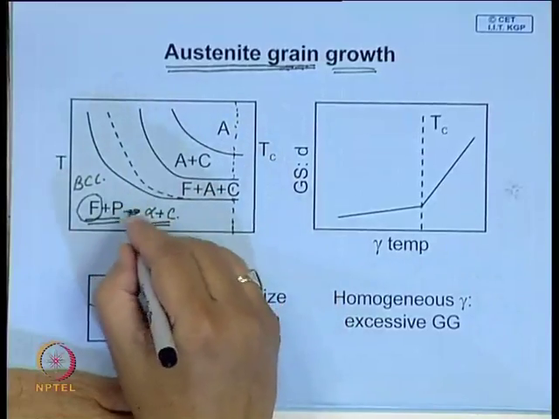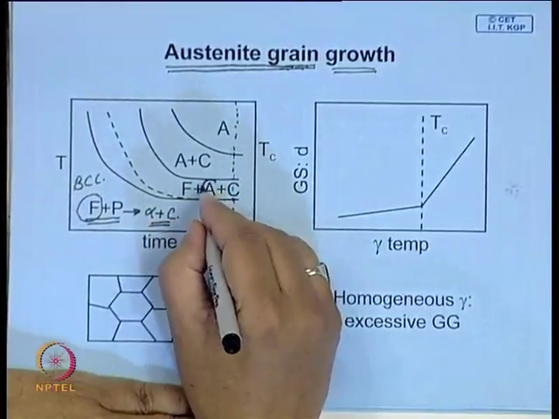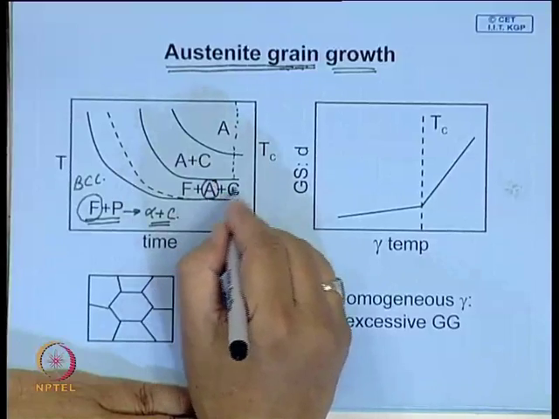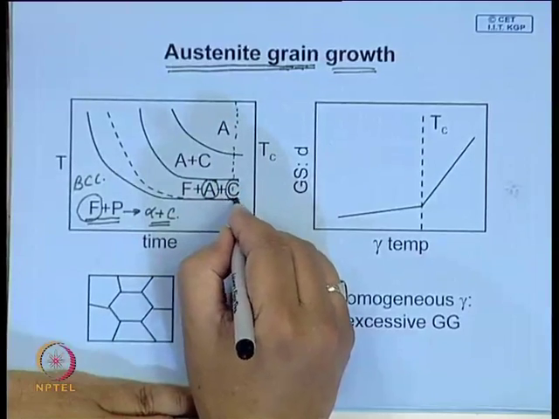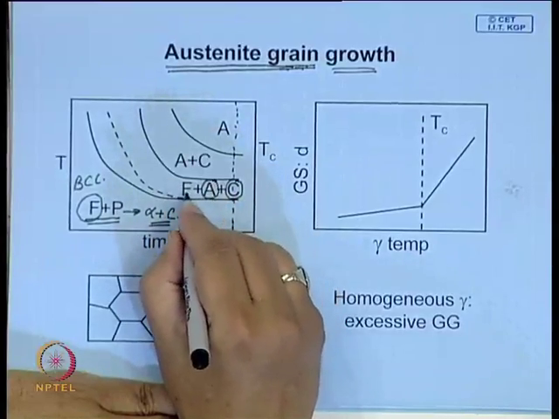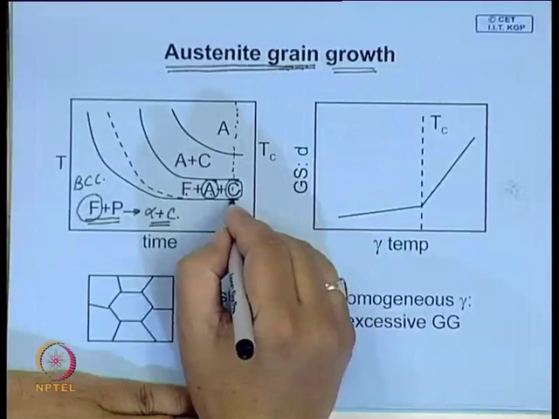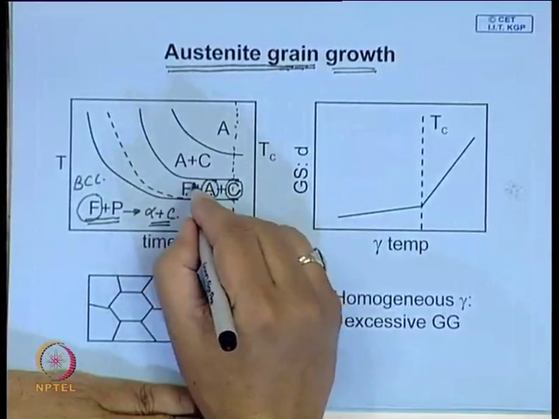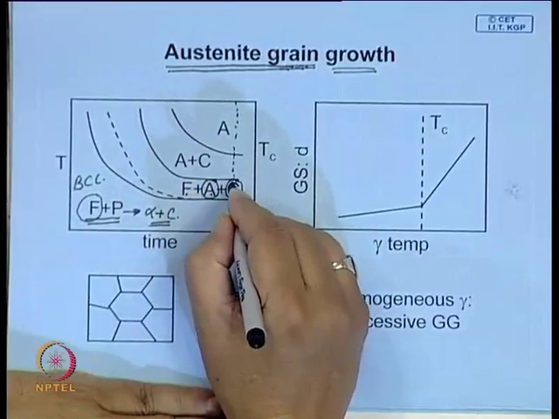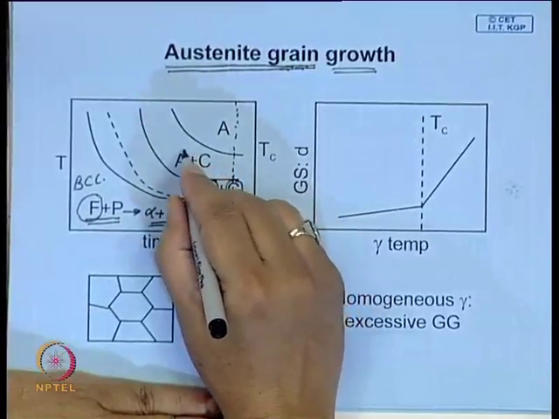this pearlite disappears, it forms austenite in the pearlitic region, but some carbide may remain undissolved. So, you will have a region where you will have ferrite, austenite and carbide. As you increase the temperature, the amount of ferrite goes on decreasing, and over here you will have all austenite.